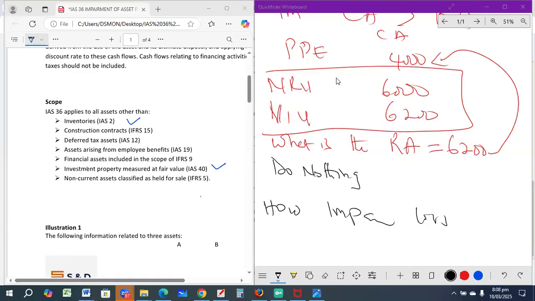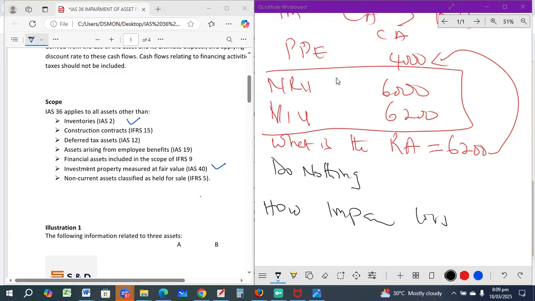So if you want to value that building now, the value will fall because of the outbreak of the fire. So those are some of the issues that would happen before we say that there is some evidence of impairment of that asset. All right. So that is that.